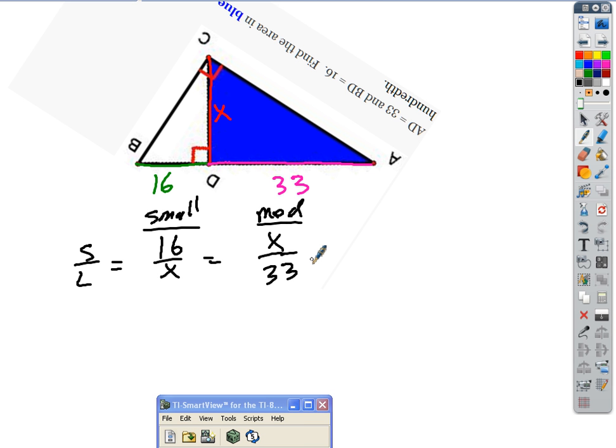Square root it to get your answer for x. And then what am I really trying to find? Area. So I'll just do 1/2 times 33 times whatever x is. Make sense? Okay. Just so we can get through everything here, we won't even finish that one. You could all finish that on the calculator. That's no big deal.